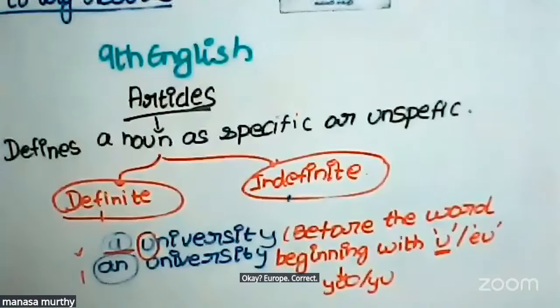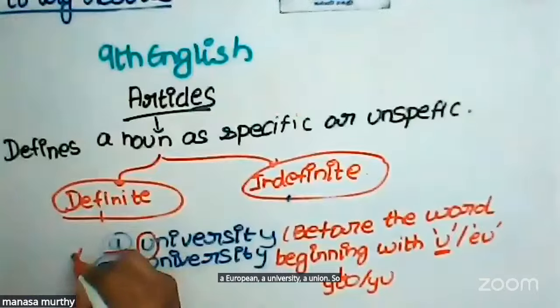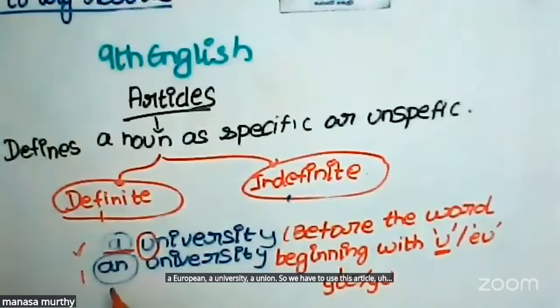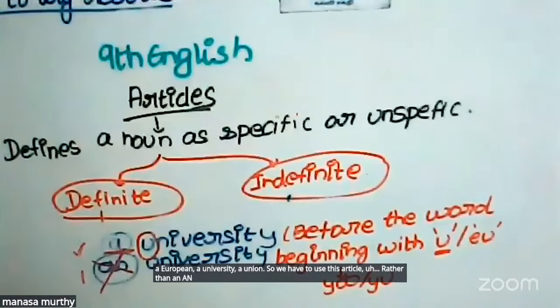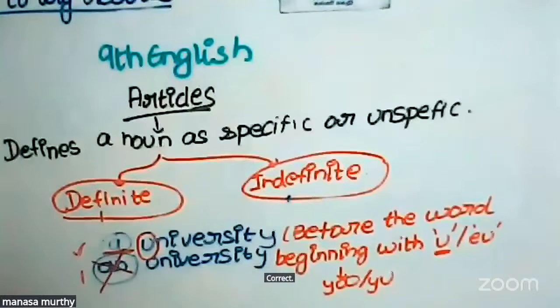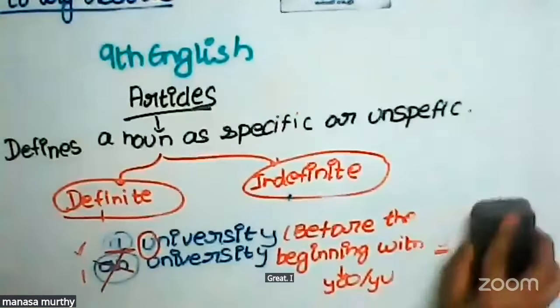A European, a university, a union. So we have to use this article a rather than an. An is wrong, a is right. Bhagavad Gita, correct. Holy scriptures we use the. Great. I hope you will remember this rule.